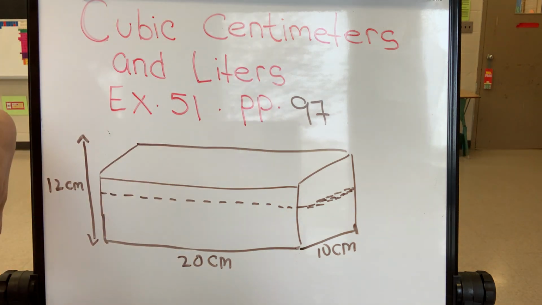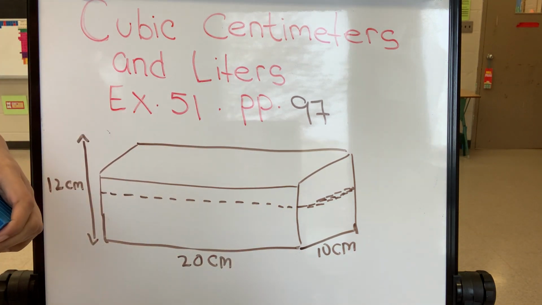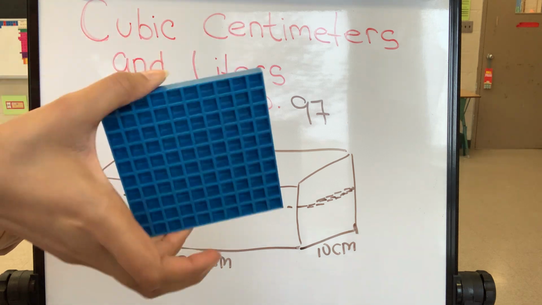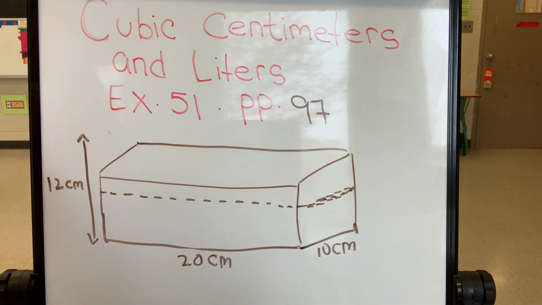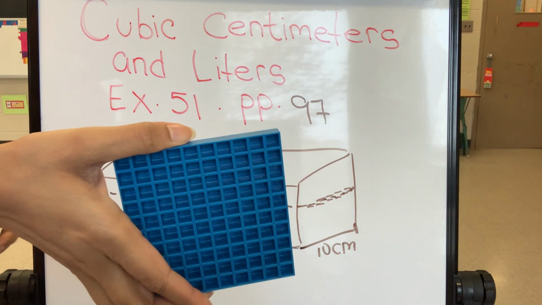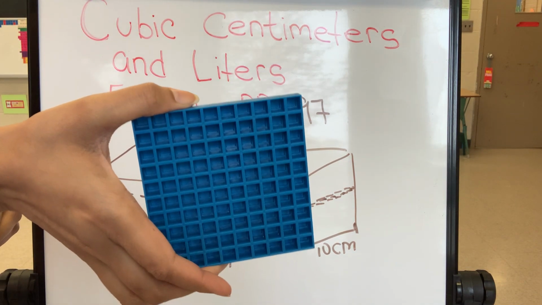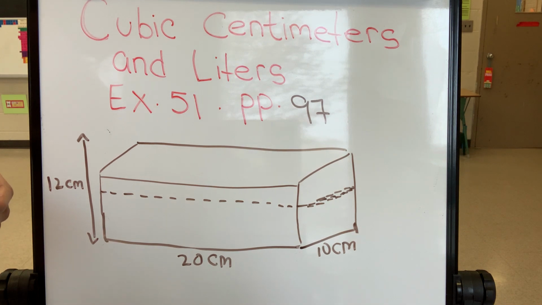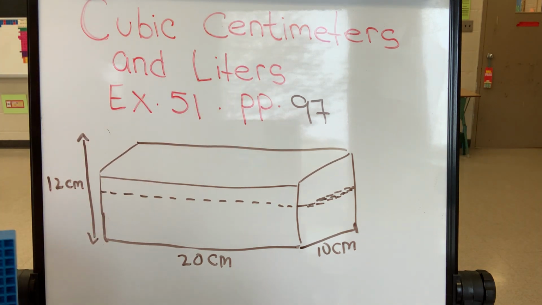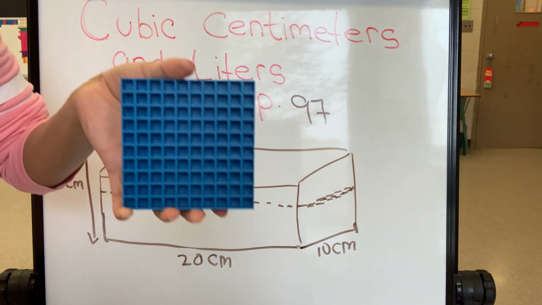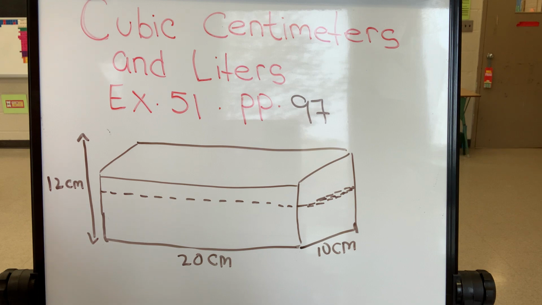So 100, 200, 300 milliliters, 400 milliliters, 500 milliliters, 600 milliliters, 700 milliliters, 800 milliliters, 900, and 1,000.